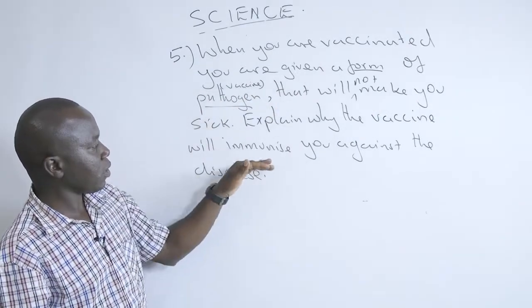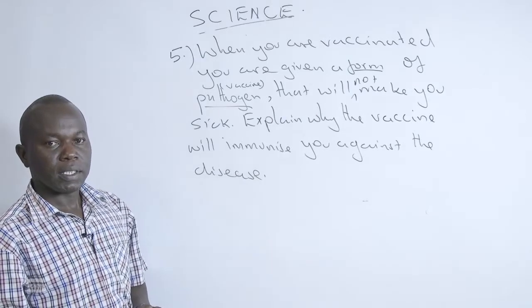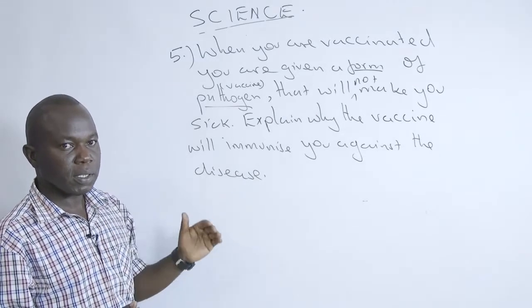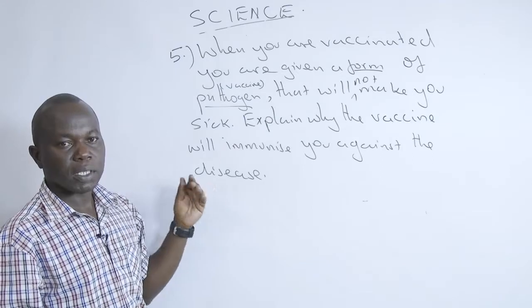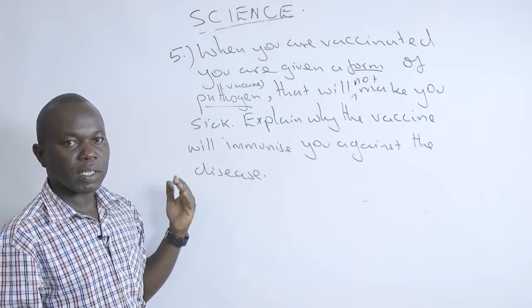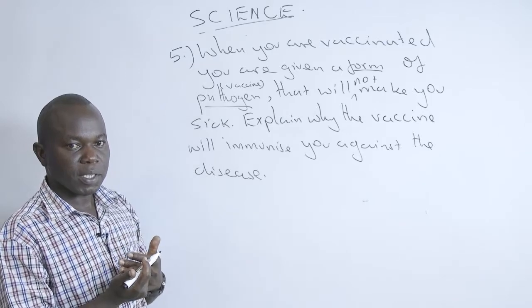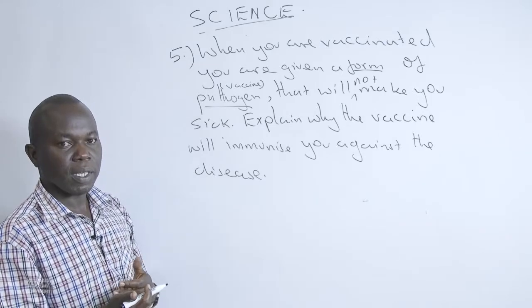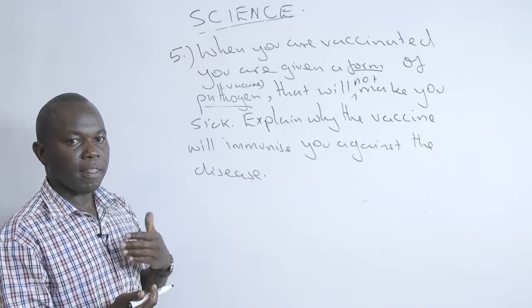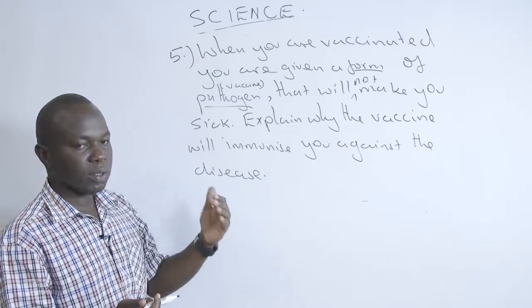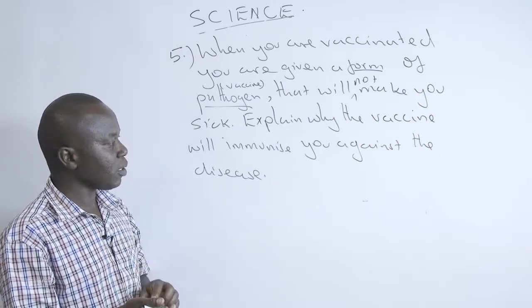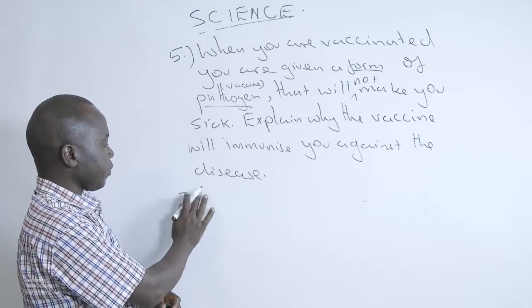So how will it immunize you against the disease? Since it is weak, the body easily produces antibodies that destroy it, and the memory cells retain the structure of the pathogen, and then for subsequent attacks we are going to have more of the antibodies being produced.